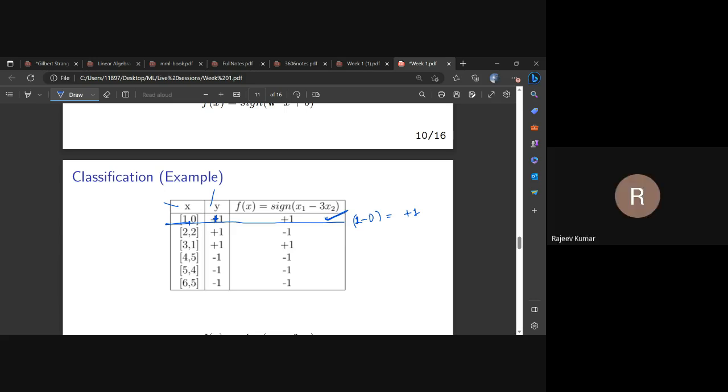Now look at the second one. It says now you have sine of 2 minus 6, which is minus 4. Sine of minus 4, which is minus 1. The header should be x1 and x2 instead of x. Sorry, in the table header it should be x1 and x2.